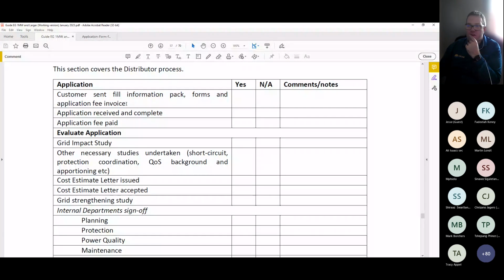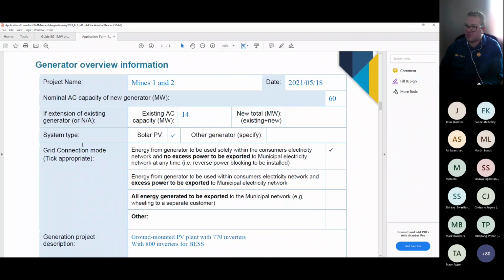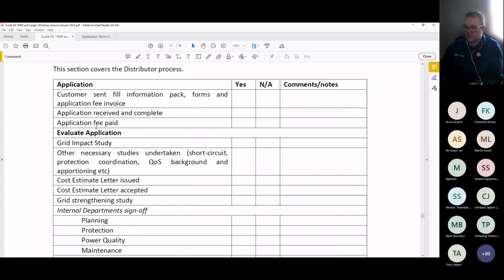And has he received all of that? So who does this depend on? If this depends on the customer, well, he's come to ask for it. So actually it depends on you as the distributor. So would you say, if he's got this application form, if you've got your processes in place, did he get the full information pack? So that would be the first question.